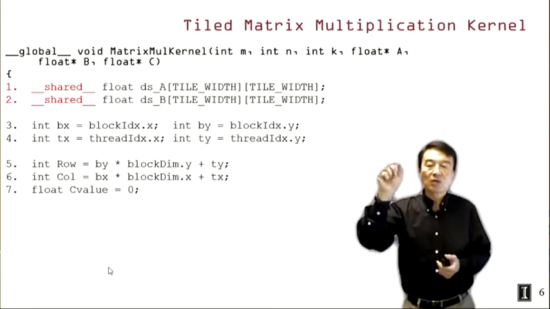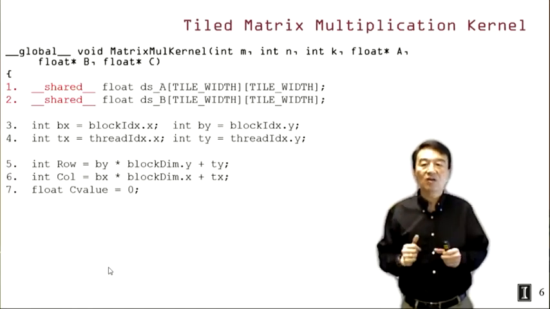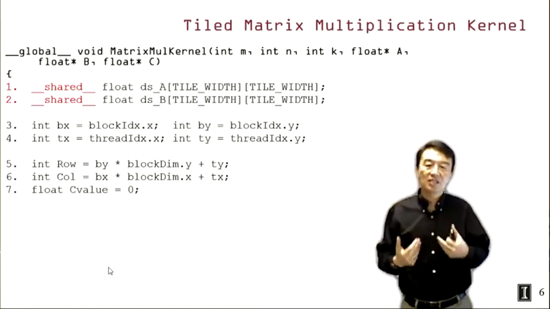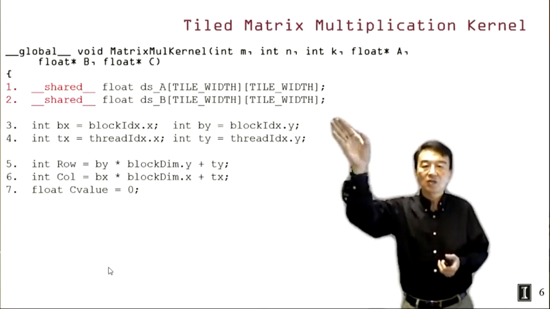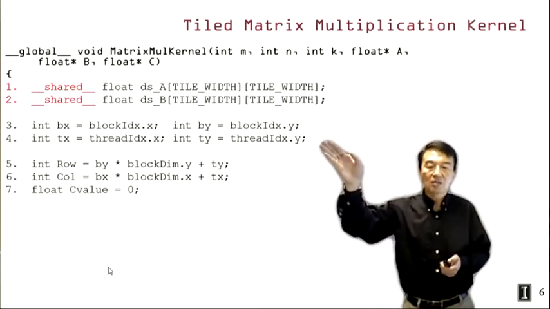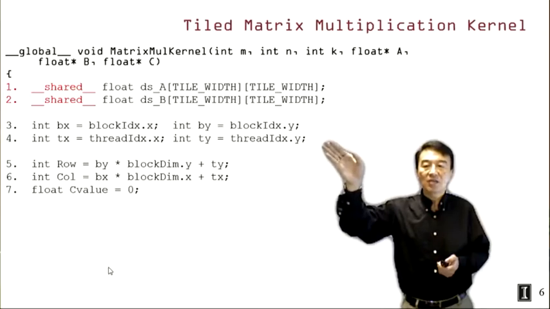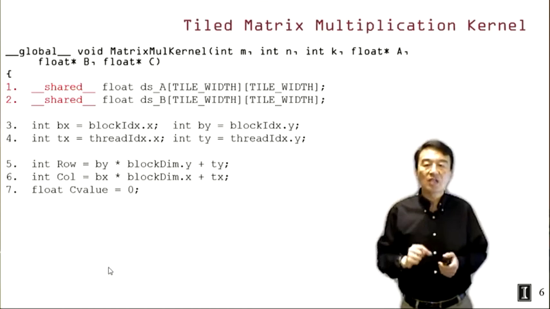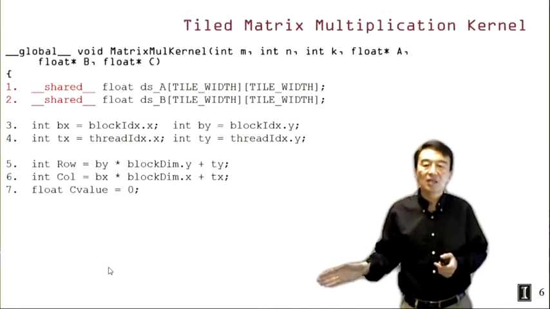So each array will be able to accommodate tile width squared number of elements. For a 16 by 16 tile, we'll have 256 elements in A and 256 elements in B. And we just define some abbreviation variables, bx, by, tx, ty, to give us shorter names for these variables when we use them in the tiled loop body.